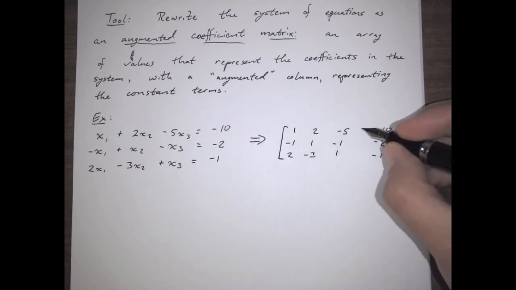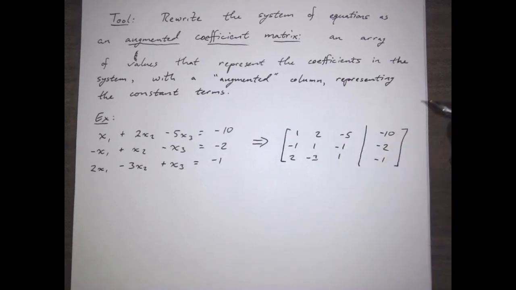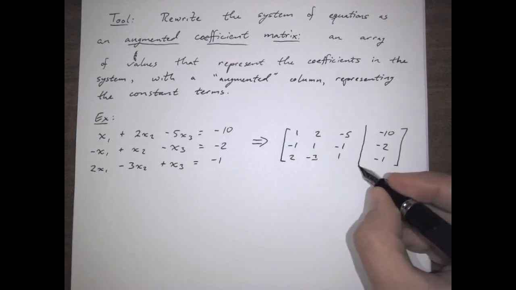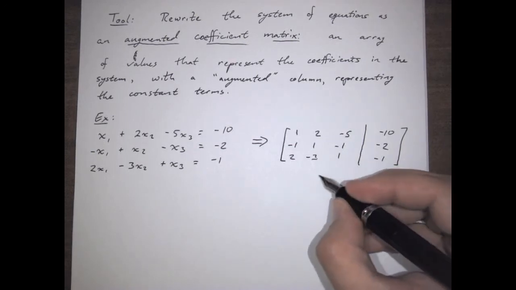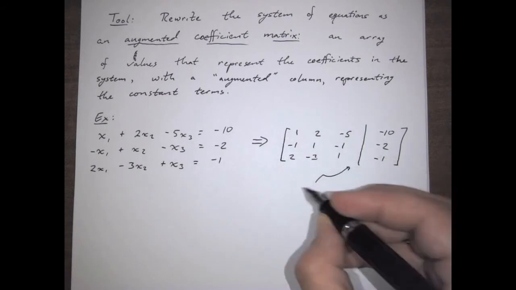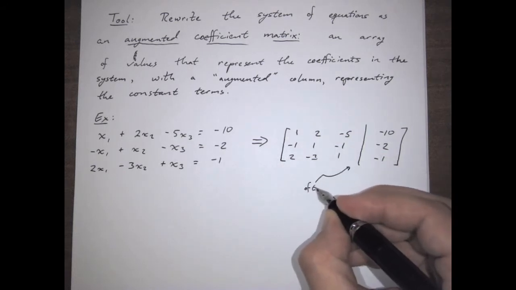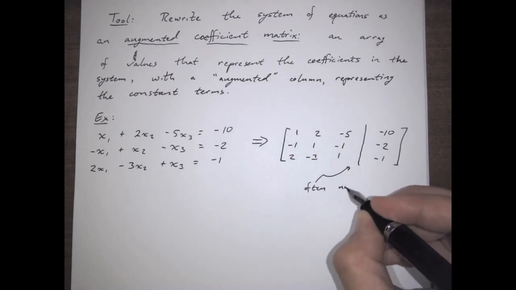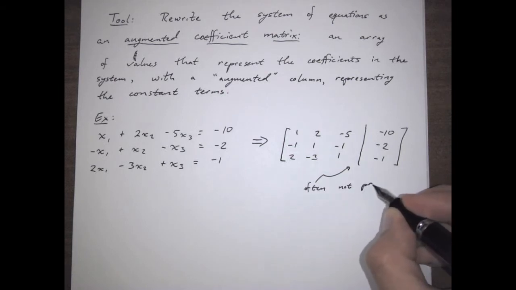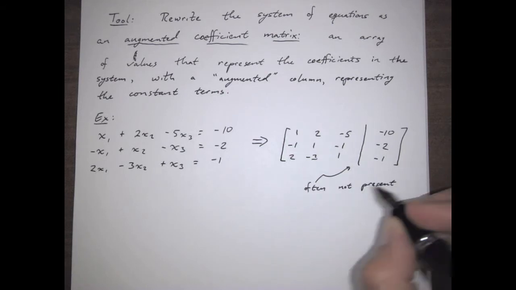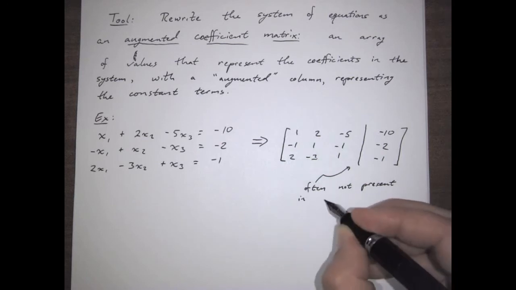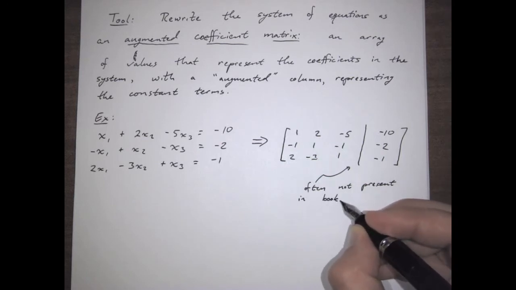When humans do it, it's customary to put either a little gap here or even a little vertical line to separate the two sides of the equals sign. This is often not present in books especially.